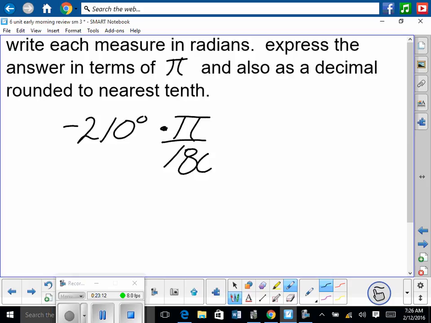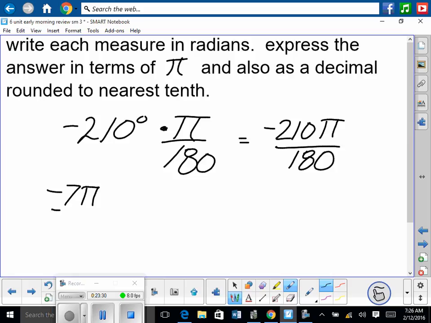You can't type pi into your calculator. We know when we multiply fractions, we multiply straight across. So we really have -210 pi over 180. Then we simplify the fraction: -210 divided by 180, change it back to a fraction, you get -7/6. So -7 pi over 6. That is this in radians.